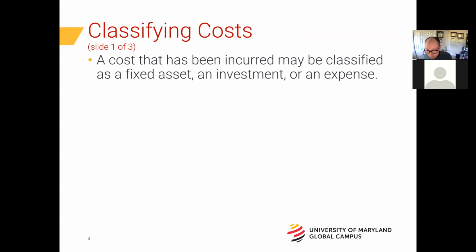If the company owns a piece of equipment or a building and its primary purpose is not to generate revenue, then it would be considered an investment, not a fixed asset. Okay, so along with fixed assets, one of the very important things is to understand how that fixed asset is classified, whether it's a fixed asset, an investment, or an expense.